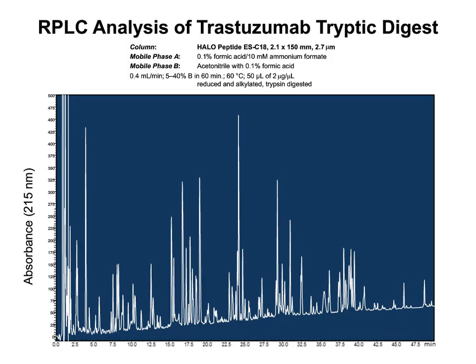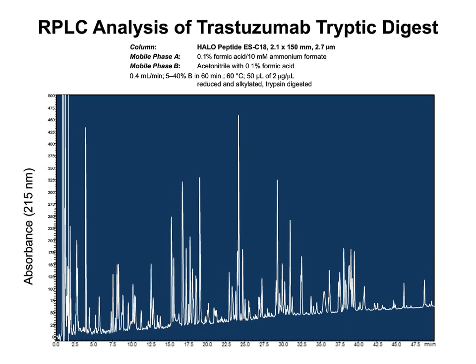So this slide shows a rather straightforward separation of trastuzumab tryptic digest. In this case, the intact monoclonal antibody is digested with trypsin and then subjected to separation on a Halo Peptide column using a formic acid ammonium formate containing mobile phase. This allows mass spectral coupling as well as the use of UV detection.